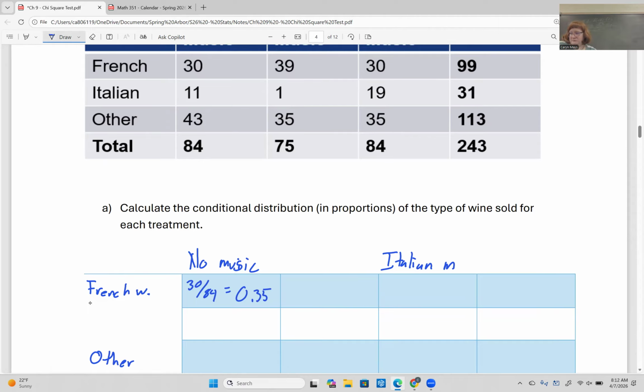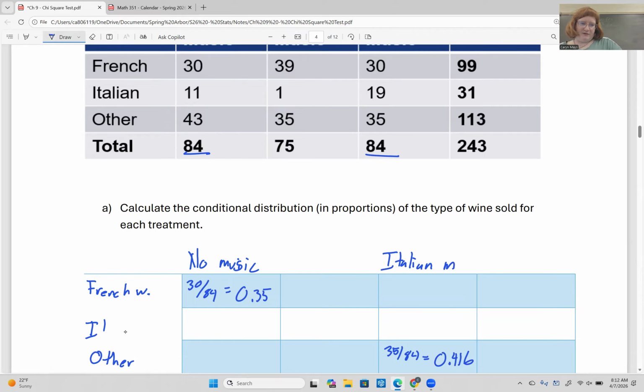Yeah. You take the 35 divided by 84 again, because these have the same total at the bottom. 35/84 comes out to be, assuming I did all my calculations correctly the first time, 0.416.